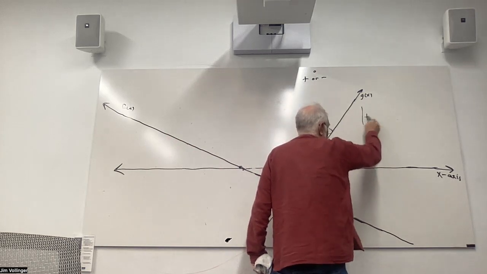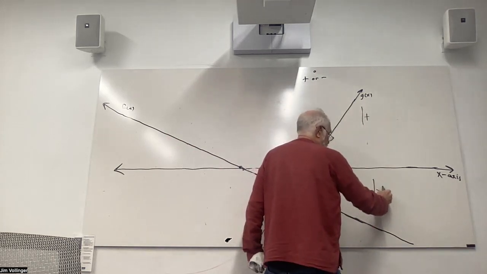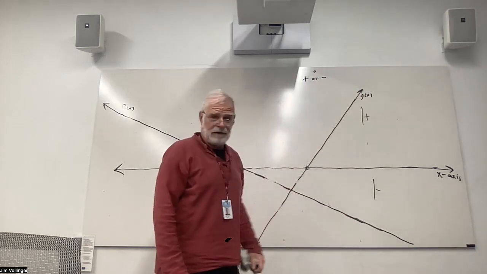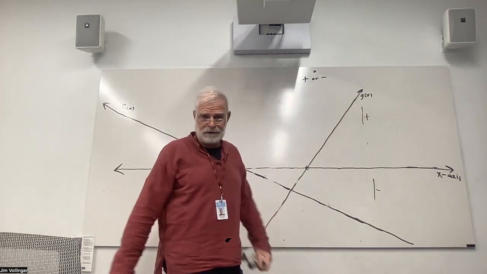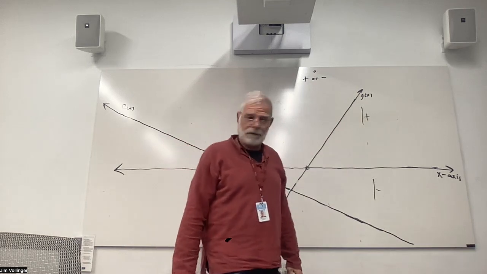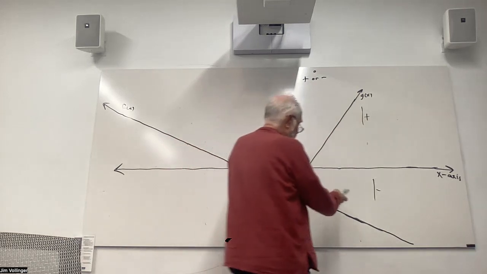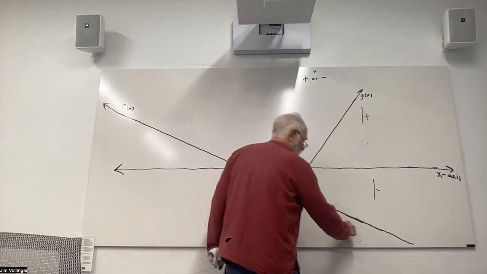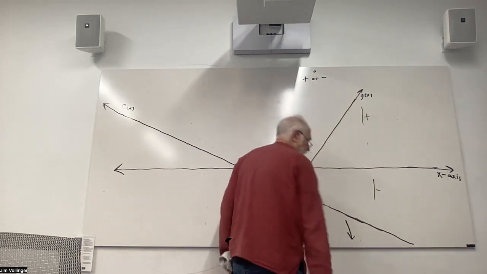These are positive values and these are negative values, and they're eventually getting big. So if I multiply a positive and a negative and they're both big numbers, then I get a big negative number. As these get bigger and bigger, my negative numbers are getting bigger and bigger. So it's going down over here.